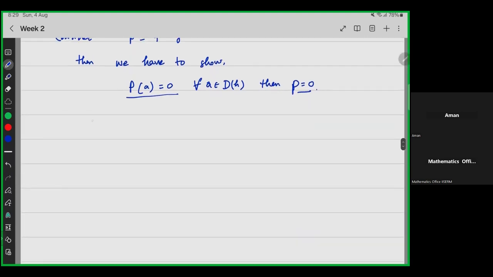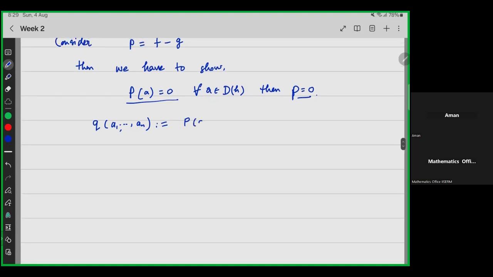Let me define some other polynomial. Call it Q, where Q(a1, ..., an) is the same as, I'm defining this, P(a1, ..., an) times H(a1, ..., an).